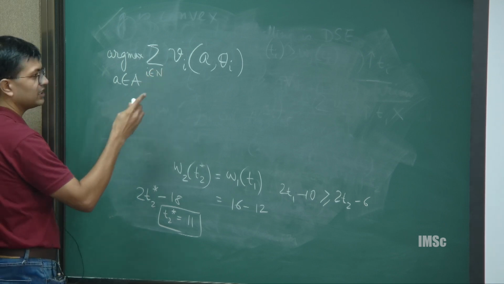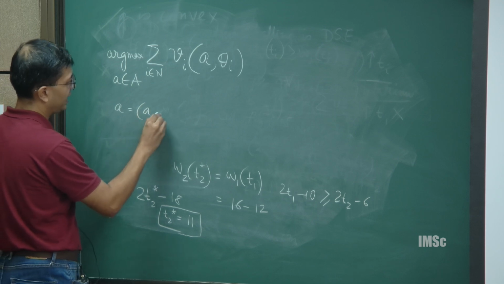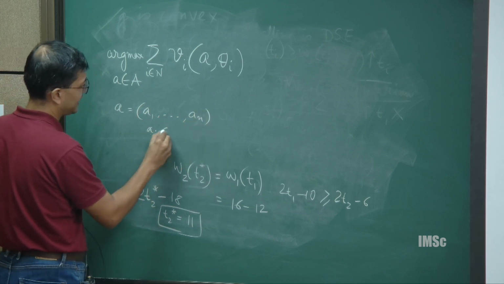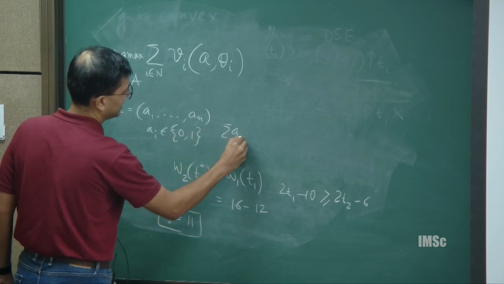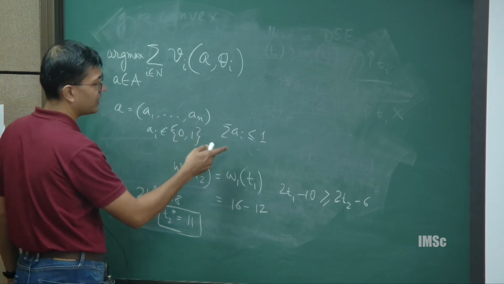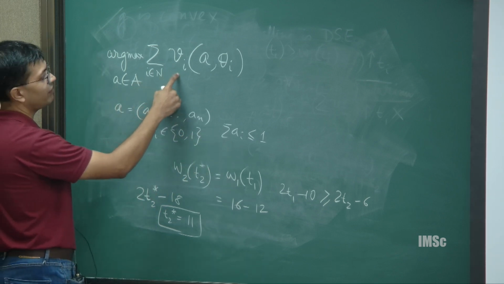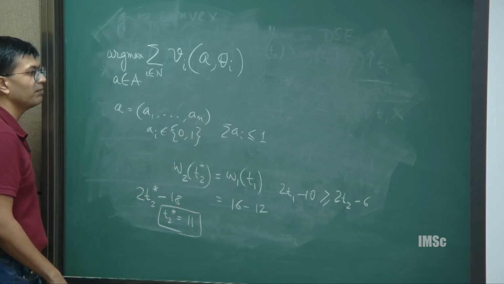Now in this particular case you have A, which is A1 up to AN, and each of these A_i can take values 0 or 1, and the sum of these A_i can be at most 1. So you give the item to exactly one agent. If that is the case, then I should give it to the agent who values that item the most. That is the simple thing.